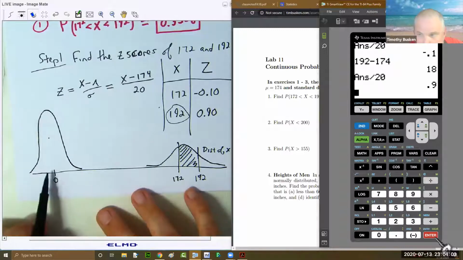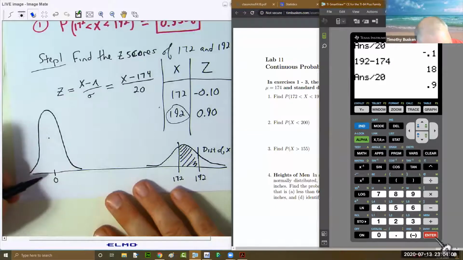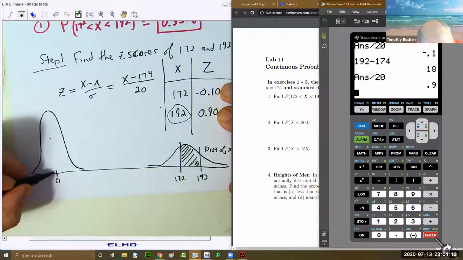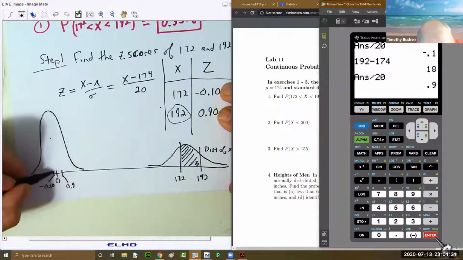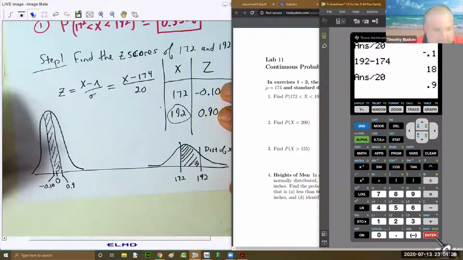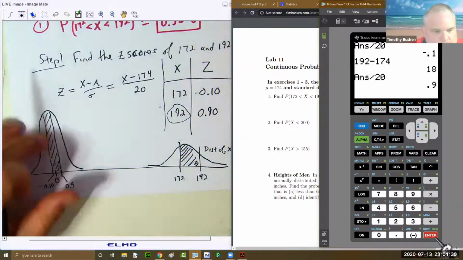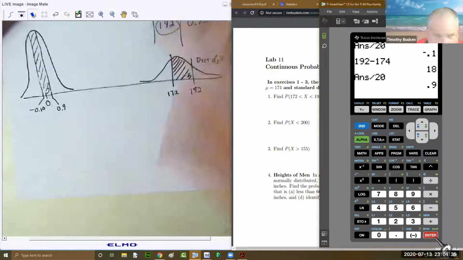The area underneath both these curves is 1. And the area between these two z-scores, negative 0.10 and 0.90, is this little area here. The theory tells us that those two areas are equivalent. In another class, we proved that those two areas are equivalent.